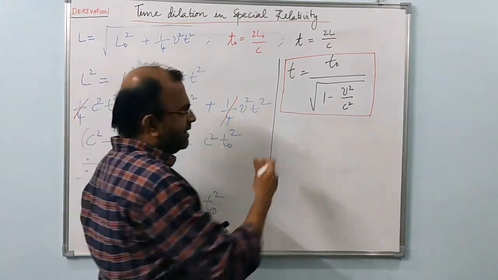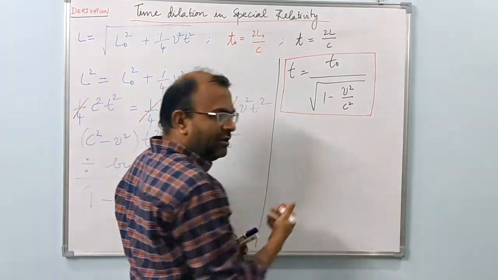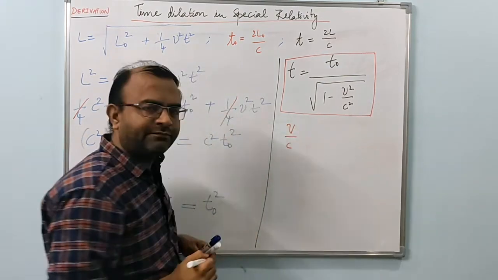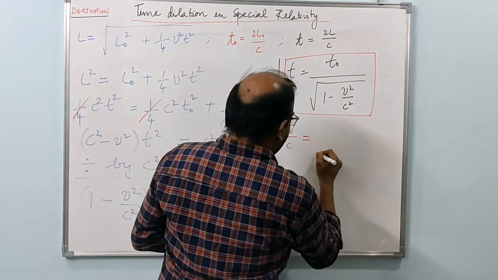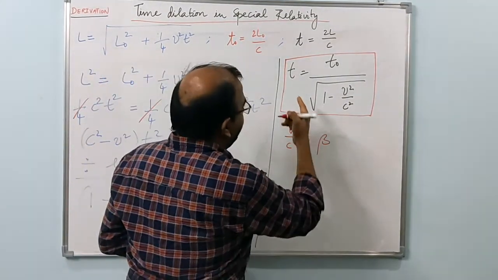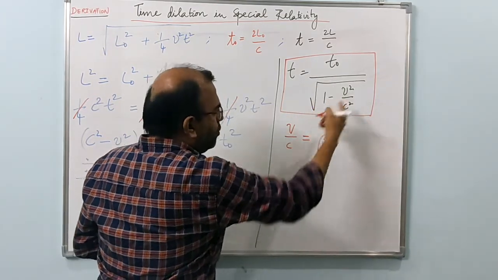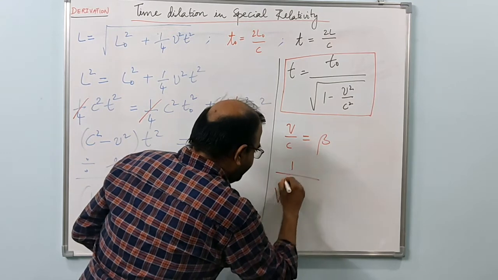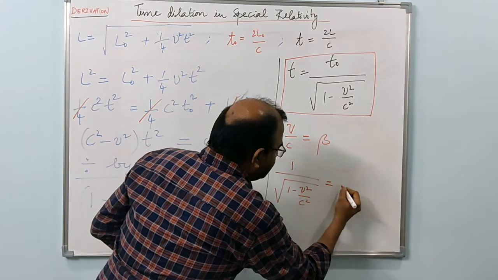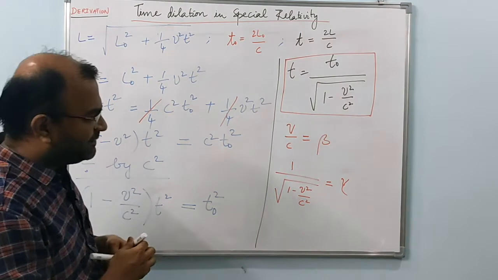Now there are elegant ways of writing this one, commonly used in special relativity. That is, the fraction v over c is denoted by the symbol beta, and this thing, 1 over the square root of 1 minus v squared over c squared, is gamma. Of course this has a special name.